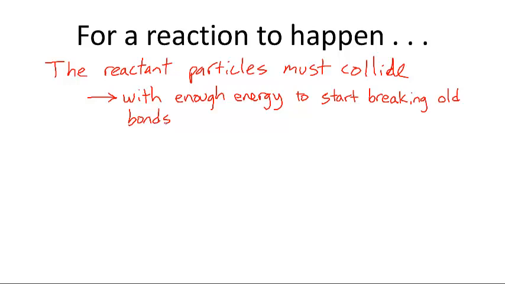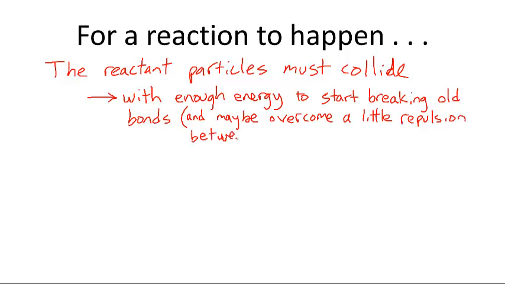Or sometimes it might be two things that are going to form a bond, but they have to overcome a little bit of repulsion from their electron clouds on the outside. So they have to collide with enough energy to start breaking the old bonds and maybe overcome a little repulsion between electron clouds.